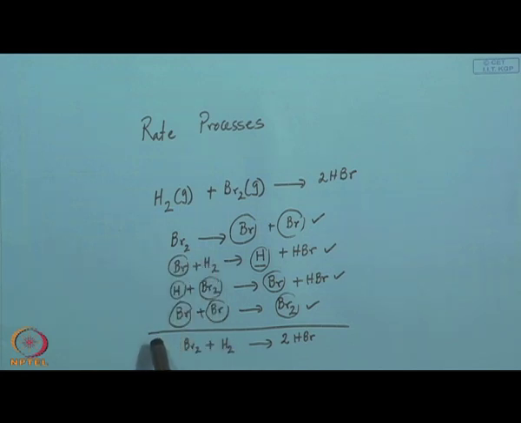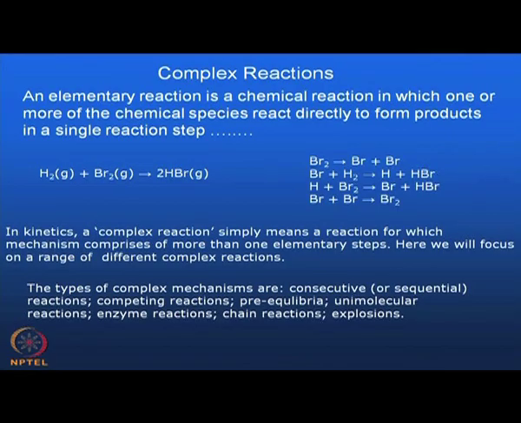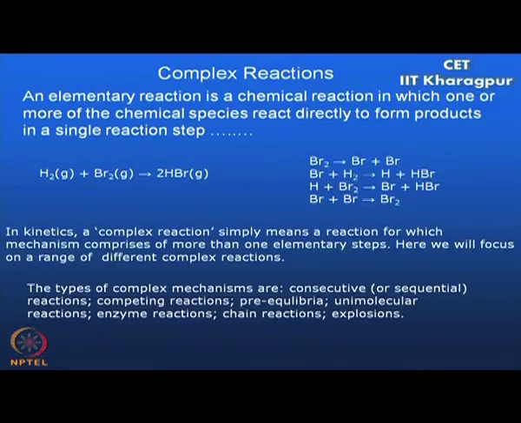Unimolecular, bimolecular; a unimolecular reaction is a complex reaction. Then, as I gave you some idea in earlier classes, an enzyme reaction is also not a simple reaction, it is also a complex reaction. Then chain reactions, like radical reactions or polymerization reactions. These are chain reactions, which are also complicated, that is, complex reactions.